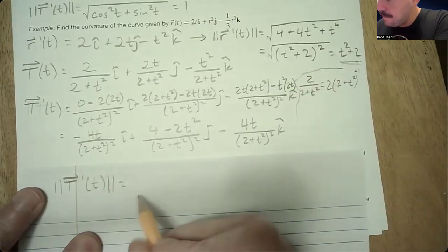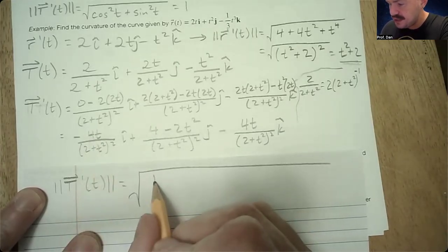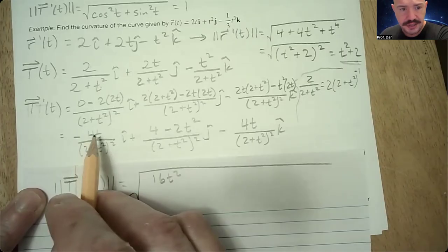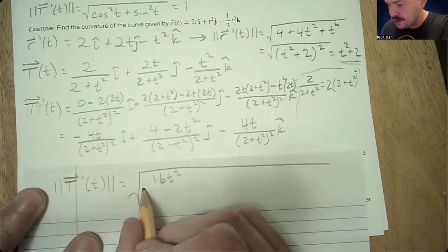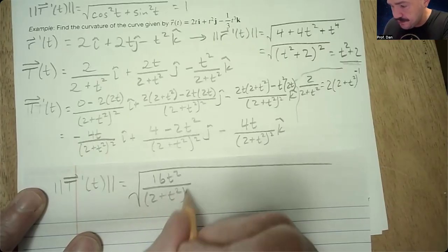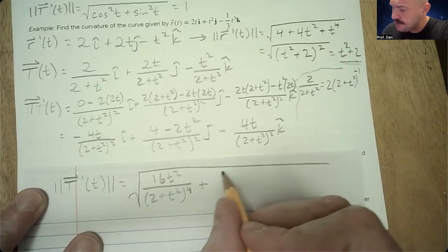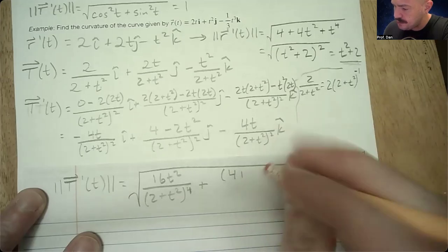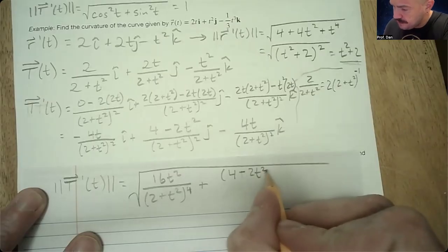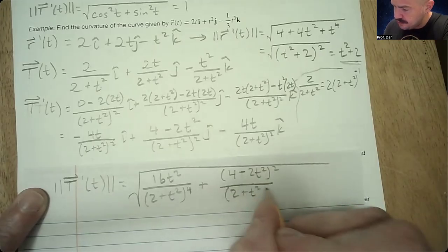So with T prime, we have the square root of first component squared. So that'll be positive 16t squared. Negative will become positive. 4 squared is 16. t squared is t squared, over 2 plus t squared to the fourth. And for my j component, we have 4 minus 2t squared, squared, over 2 plus t squared to the fourth.